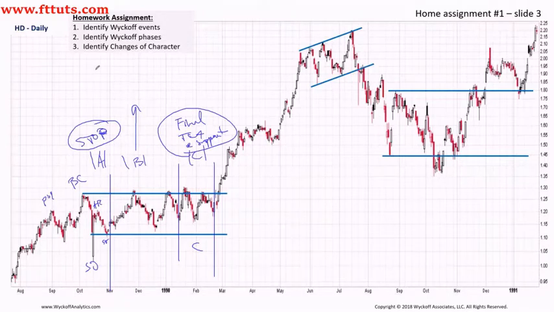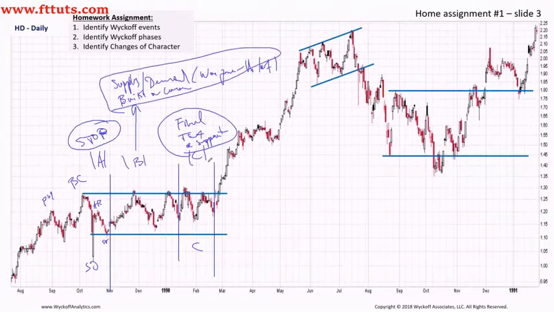Phase B's intention is to define the relationship between supply and demand. Sometimes I think about this like a war zone. It's going to be extremely volatile by itself. Another intention behind phase B is to build a cause. So those are the intentions behind phase B.